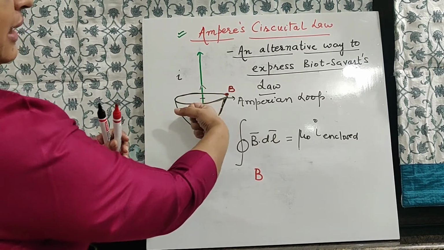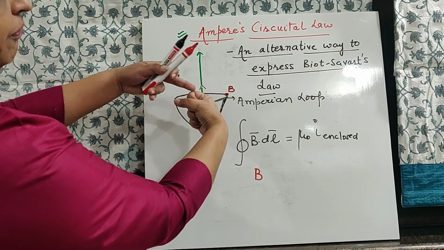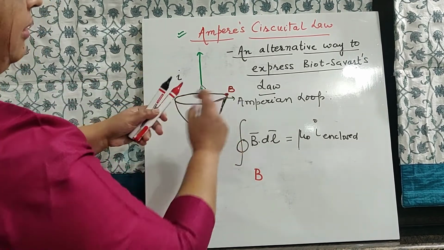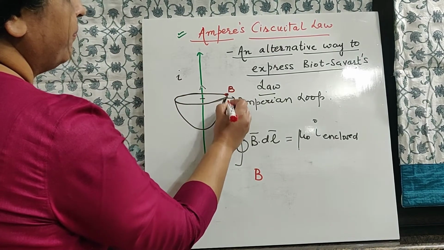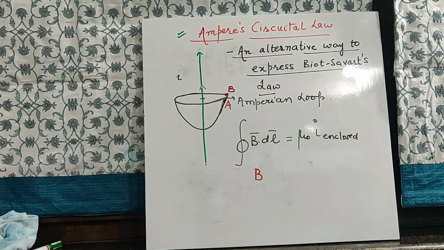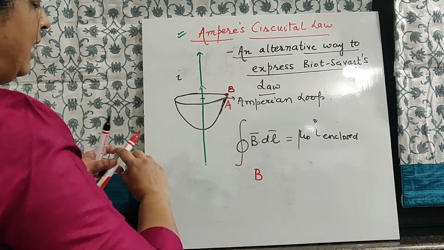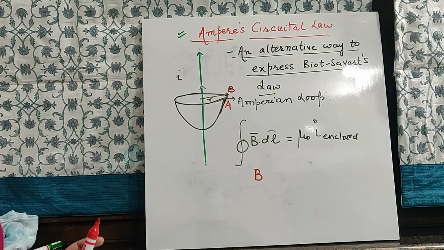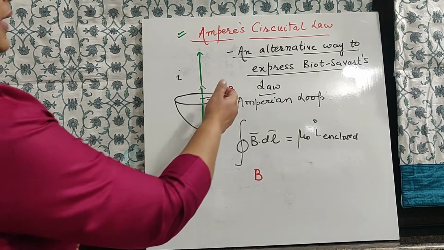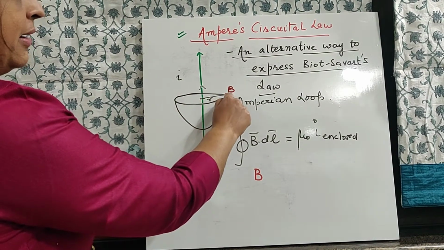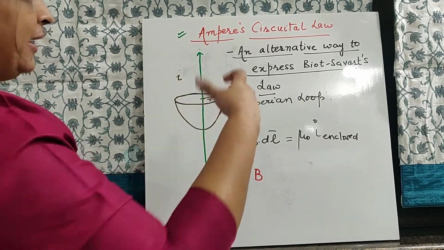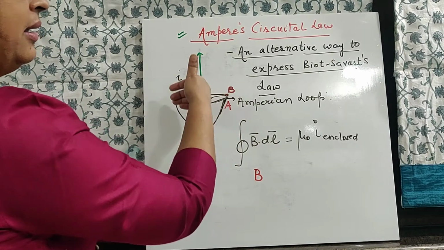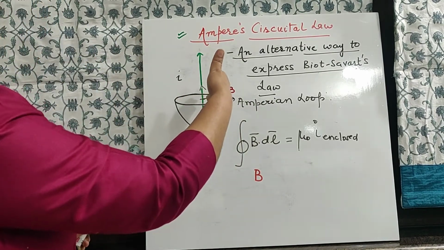If you closely see my fingers which are curled like this, at this particular point A, where I have to find out the magnetic field, let us say at a distance R from the conductor, the magnetic field is pointing inwards into the plane of the board.